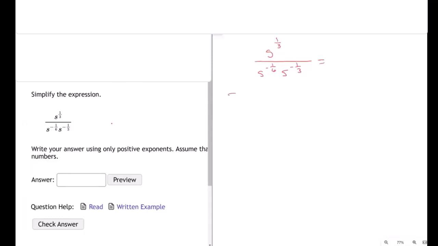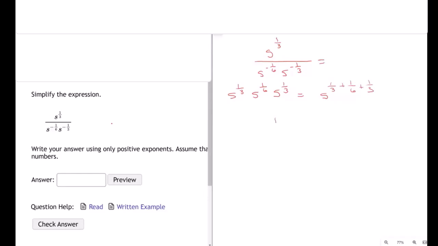I can say this is the same as s to the 1/3 power times s to the 1/6 power times s to the 1/3 power. Remember, if it's negative, it goes to the opposite position of the fraction. This would be the same as s to the 1/3 plus 1/6 plus 1/3.